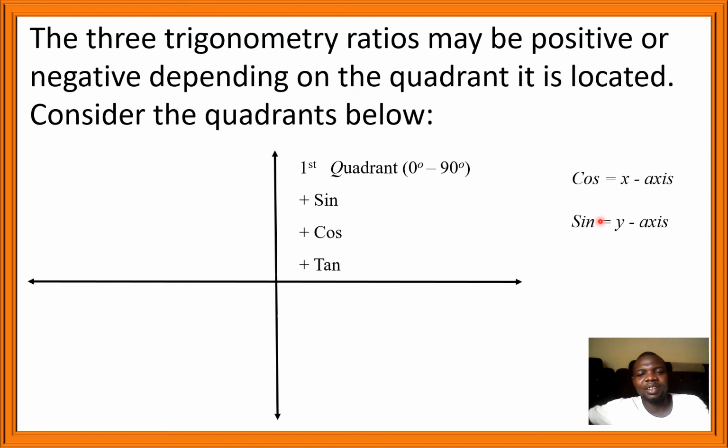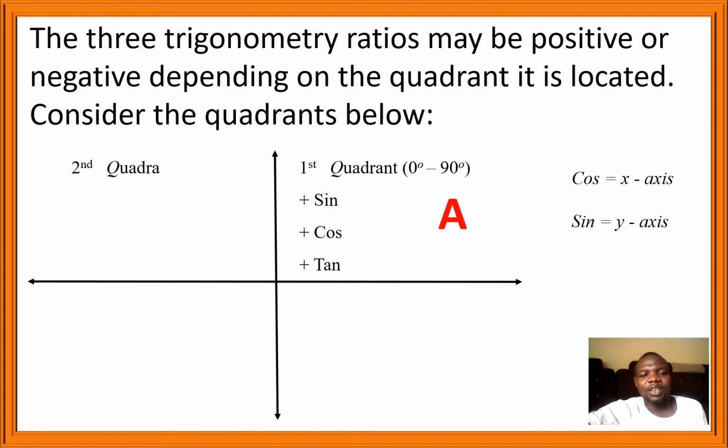Then the x-axis here is also positive, so the cos should also be positive. Since we have x positive and y positive, tan should also be positive. So in the first quadrant, all the three ratios are positive. That is why we have this here representing all the three ratios.